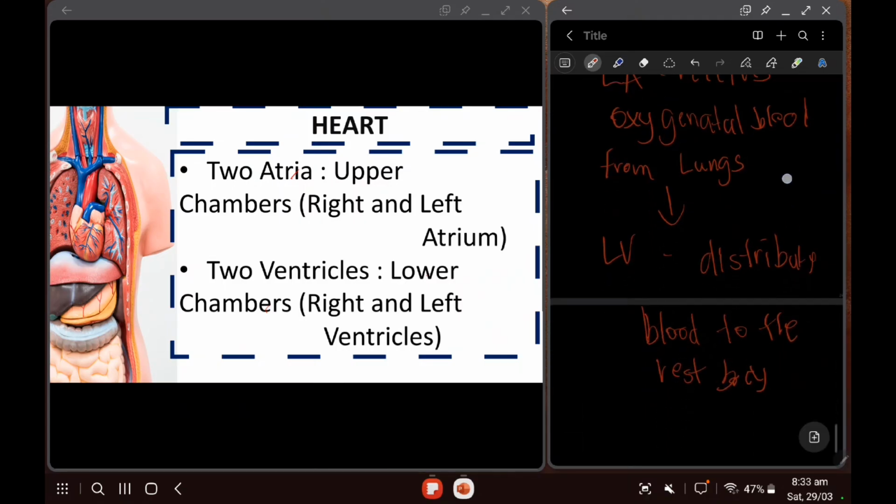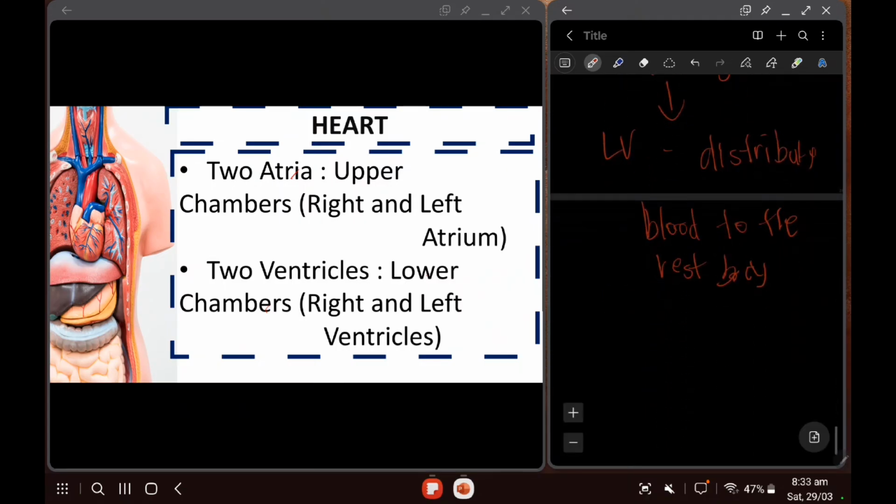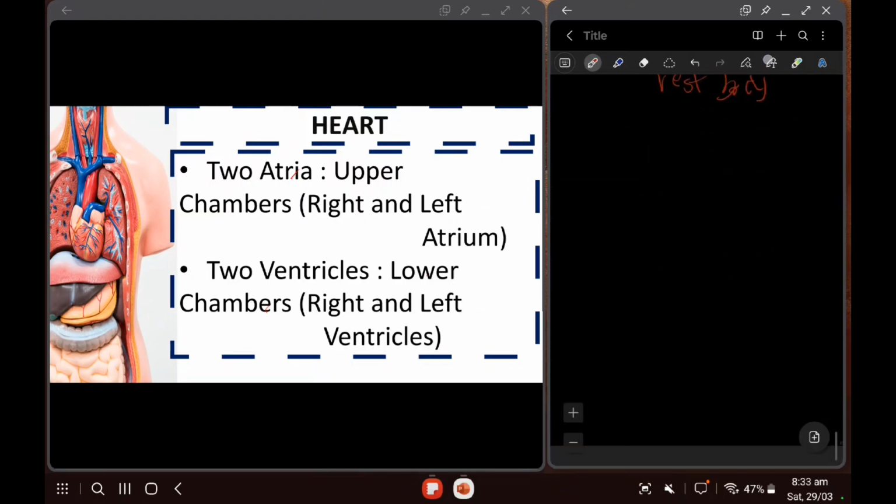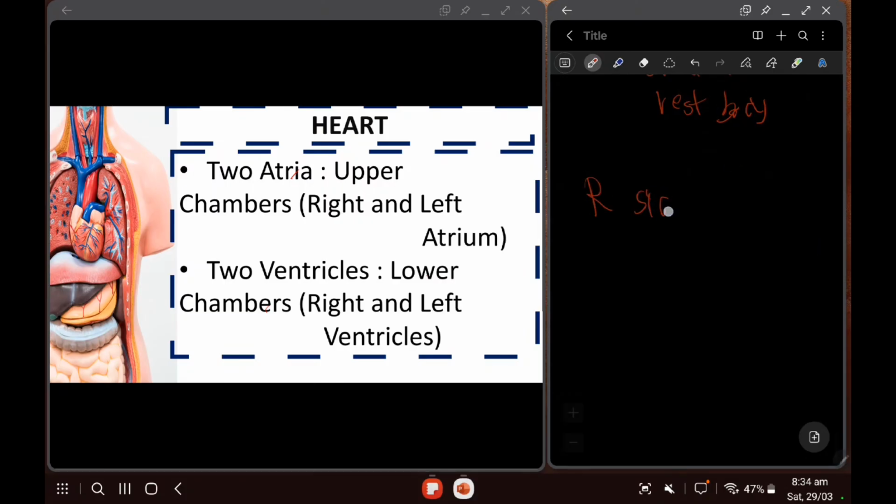So, in short, the heart works as a double pump. The right side pumps blood to the lungs for oxygenation. When our heart pumps on the right side to the lungs for oxygenation, we call that pulmonary circulation.